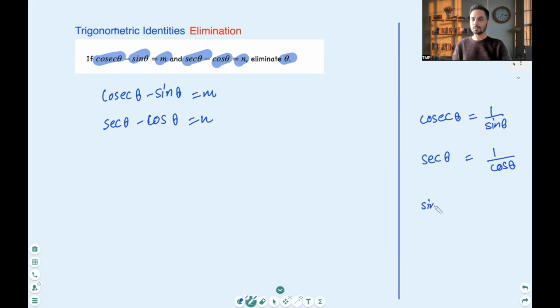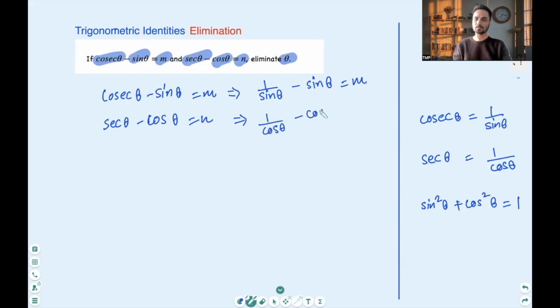And sin square theta plus cos square theta equals 1. So using cosec theta as 1 over sin theta, the first equation can be written as 1 over sin theta minus sin theta equals m, and 1 over cos theta minus cos theta equals n. Let's number them as 1 and 2.